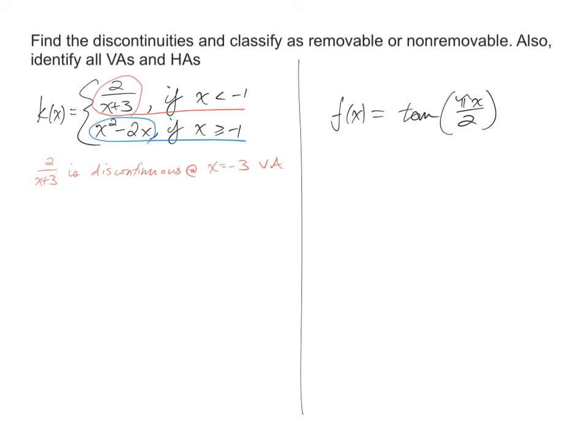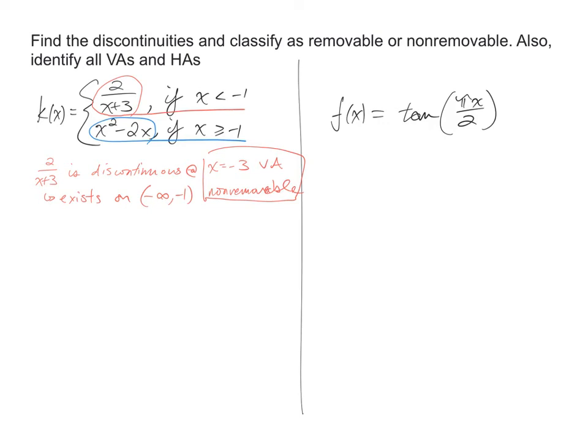And even better is that x equals -3 is on the interval -infinity to -1, which is the exact same way of writing this domain here. So this is a vertical asymptote on the given domain for that function, which means it is non-removable. So we have a non-removable discontinuity at x equals -3, for sure. And it's also a vertical asymptote.